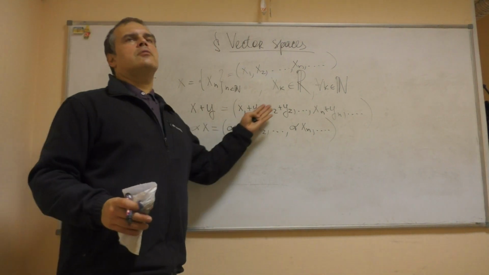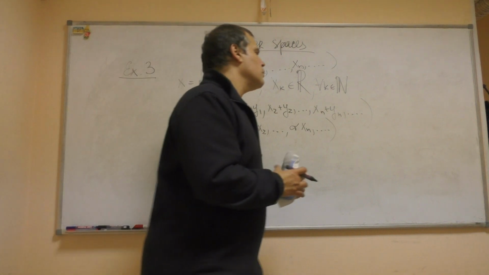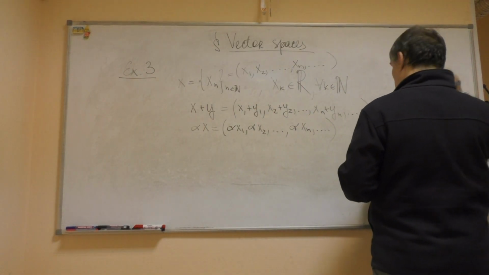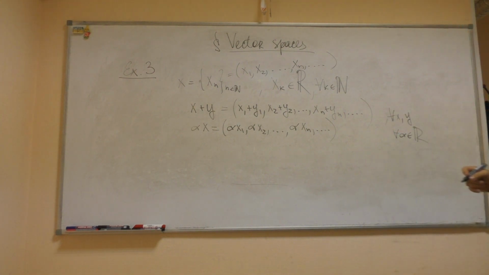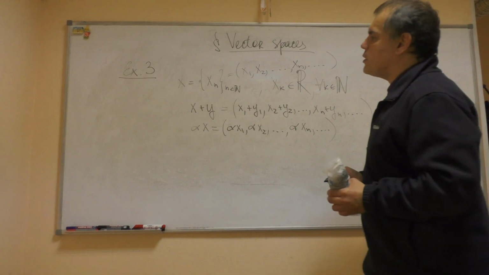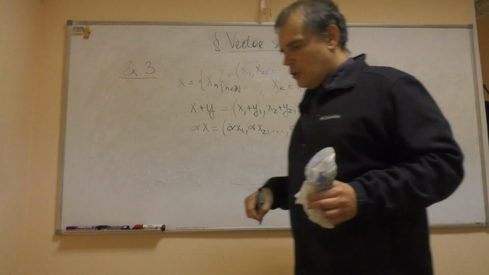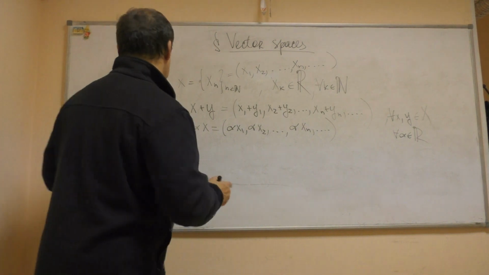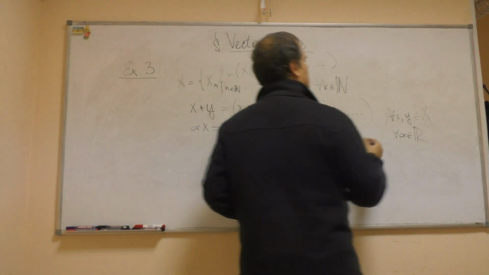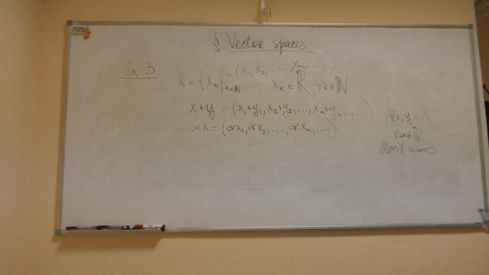So once again we obtain new sequences, sum and product, for each X and Y, and for each alpha from R. There is no special designation for abstract sequences, so let's denote just X. And the last example, I forgot to say that in this case we have an infinite dimensional space, and also please try to prove it.